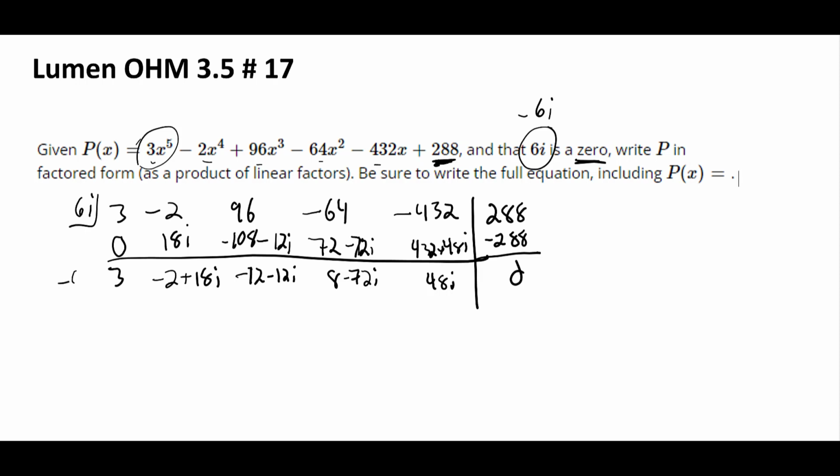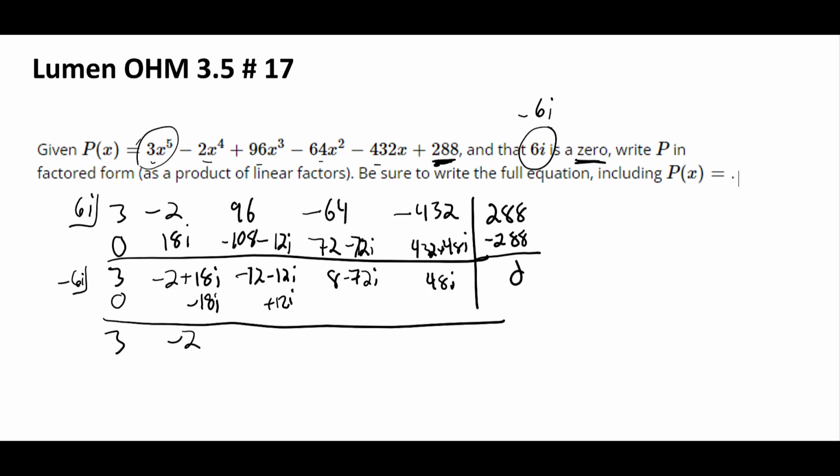So if we go negative 6i here, we get 0, 3. Negative 6i times 3 is negative 18i. Oh, look at that. Cleans up nicely. So we have a negative 2 left. Negative 6i times negative 2 is a positive 12i. So we have plus 12i.